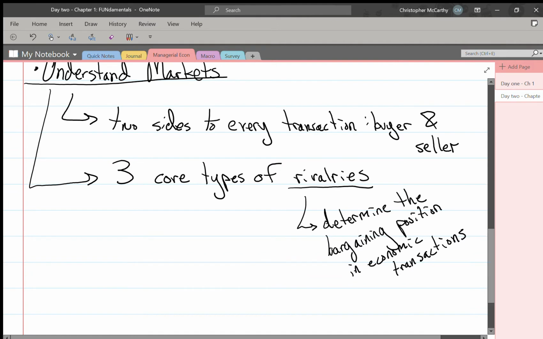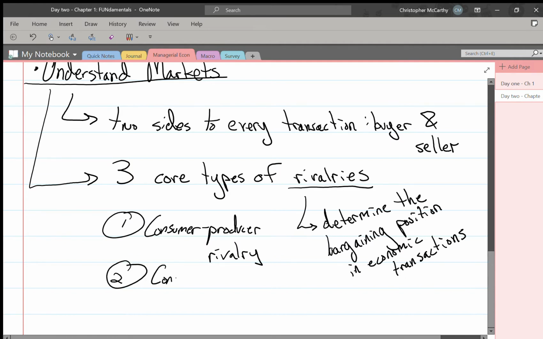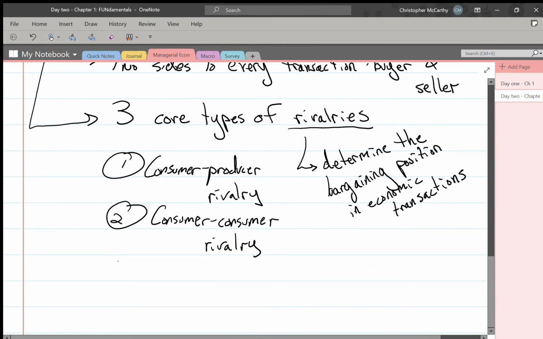So our three types are: we've got a consumer-producer rivalry, we've got a consumer-consumer rivalry, and lastly we've got producer-producer rivalry.